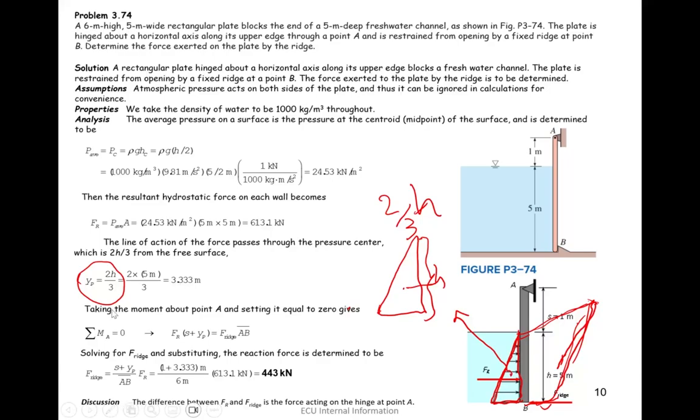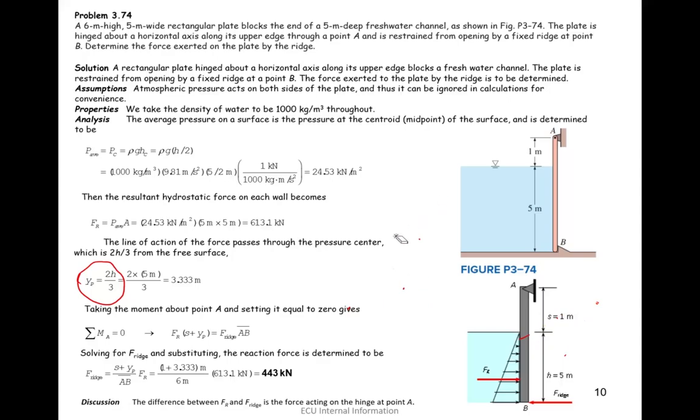Then if we want to work out the forces and where they are acting, we have one force which is the hydrostatic force, and this is the reaction force we have.